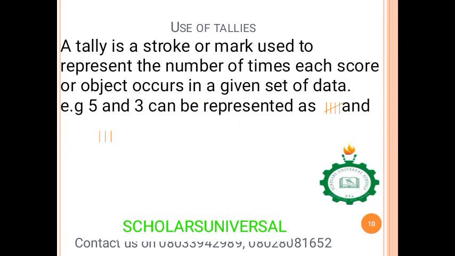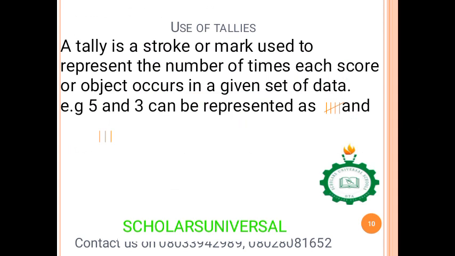Use of tally. Actually, we are going to draw a table. So we are looking at what our table will be made of. We know that tally also will be presented on the table. So the tally is a stroke or mark used to represent the number of times each score appears.